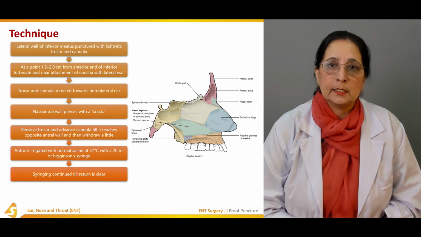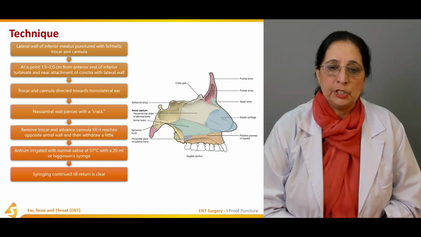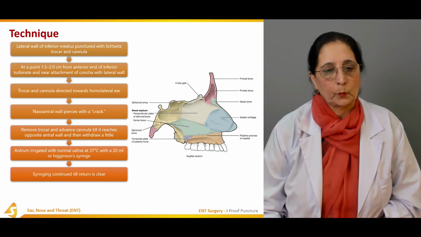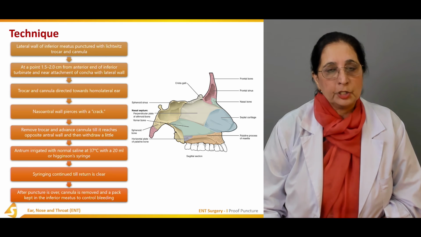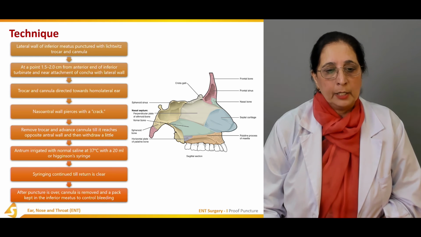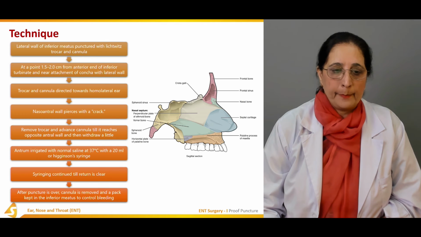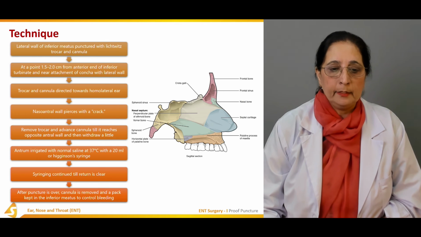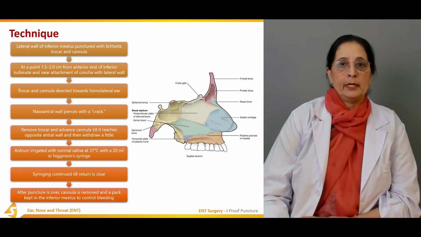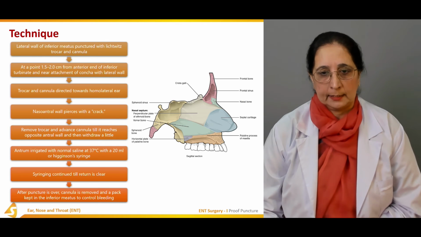Until all the pus is removed, we should continue the procedure. After the puncture is over, the cannula is removed and a pack is kept in the inferior meatus to control any bleeding that is present.